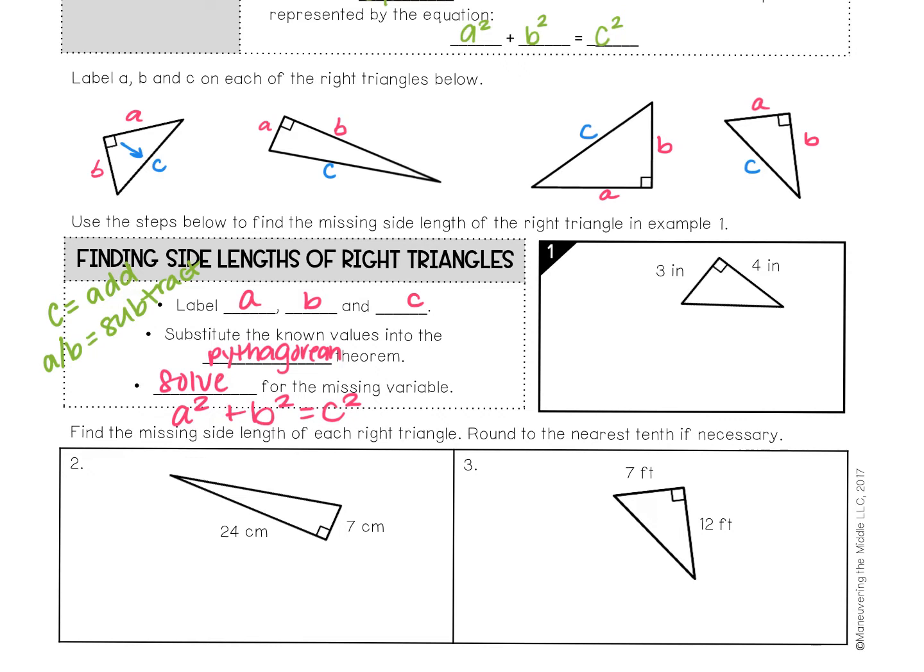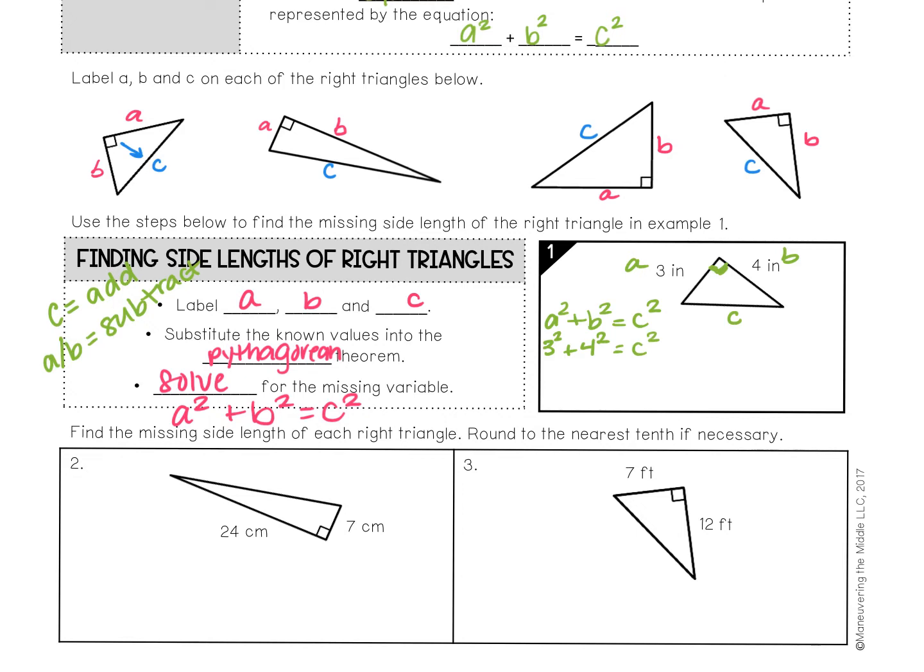So for example number 1, I've got 3, 4, and a blank side. When I look at 3 and 4, those sides come together to form this right angle. So I know that they're A and B. So the missing side must be C. So when I look at the Pythagorean theorem, I'm going to substitute those values in. So I know that the legs are 3 and 4.